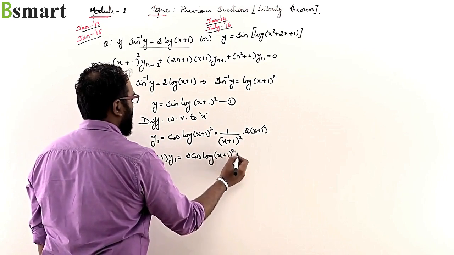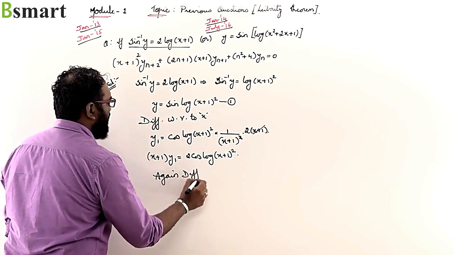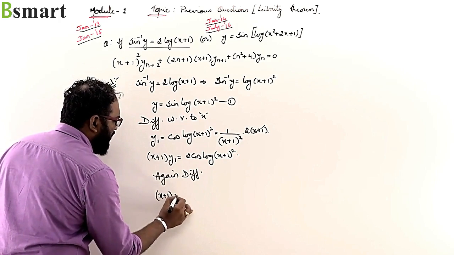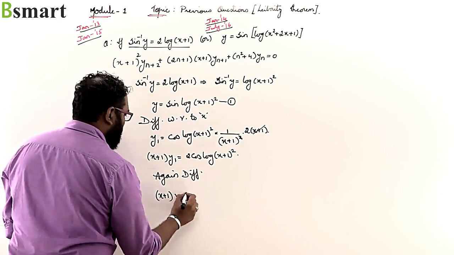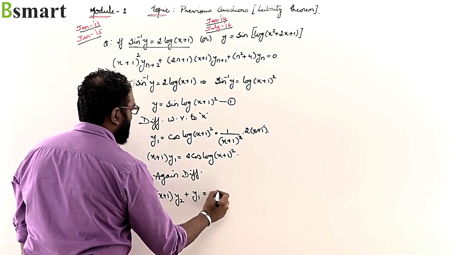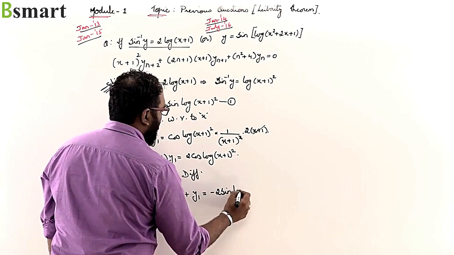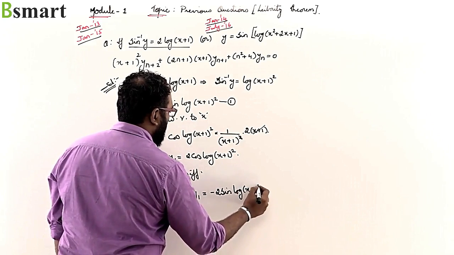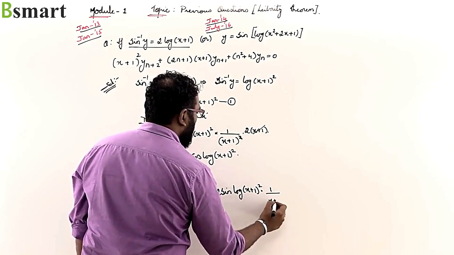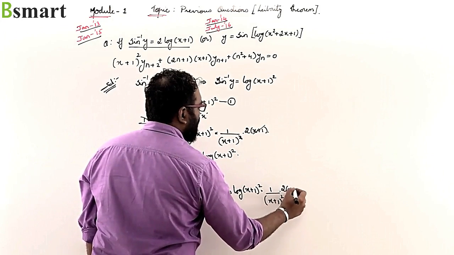Now again I'll differentiate this. So again differentiating with respect to x, apply the UV formula, that is (x + 1) into the derivative of y₁, which is y₂, plus the derivative of (x + 1), which is 1, into y₁, is equal to minus 2 into the derivative of cos, which is minus sin of log of (x + 1)², into the derivative of log, that is 1 by (x + 1)², into the derivative of (x + 1)², which is 2 into (x + 1).